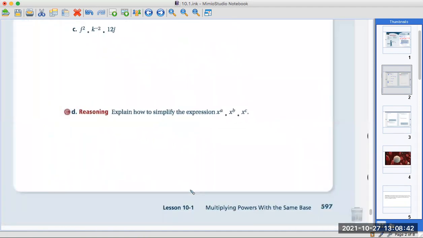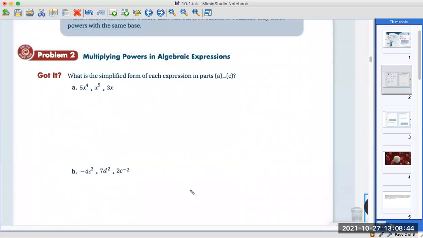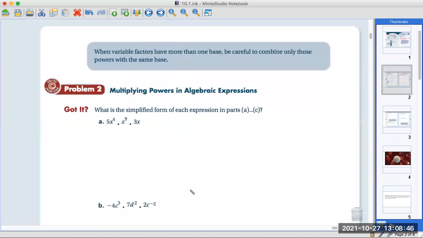And we're going on page 597 to the top. It says up here, you always want to look at these shaded little sections, they are very important. When variable factors, variable meaning x's, do you see how you have variables?